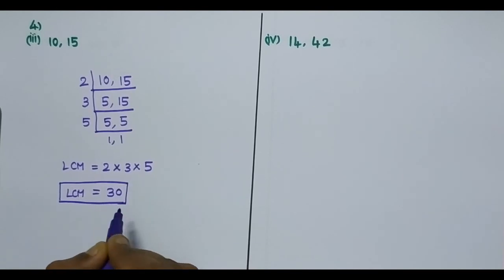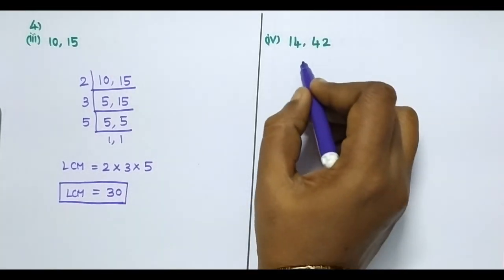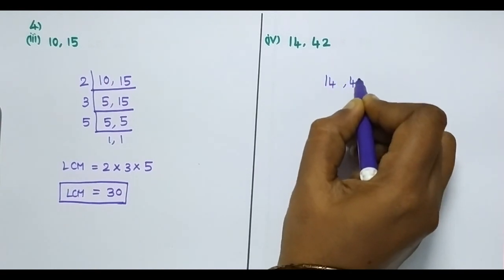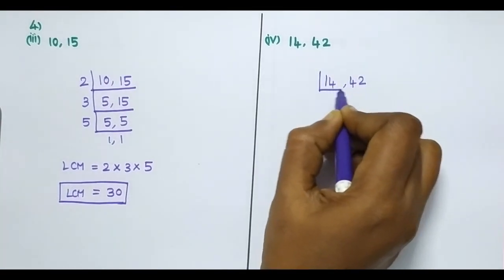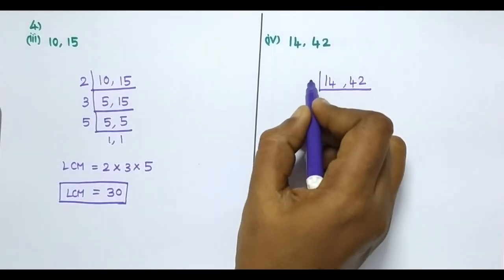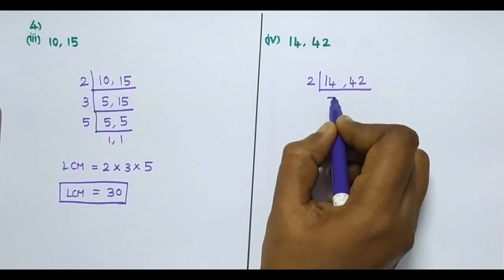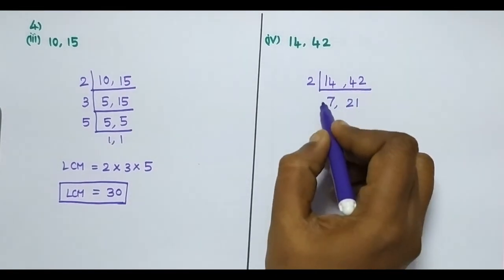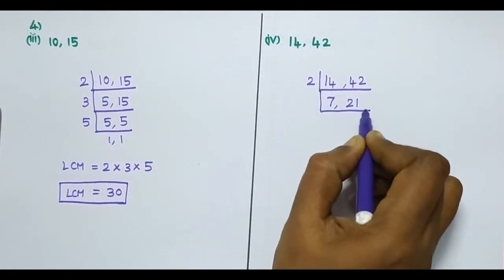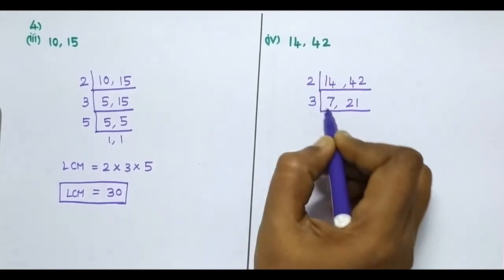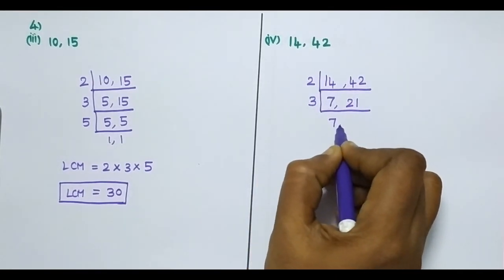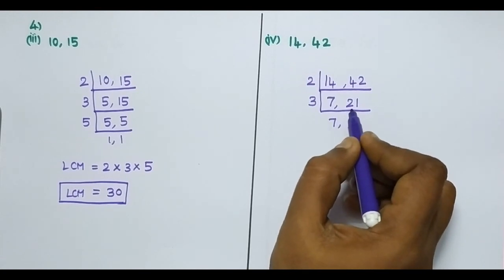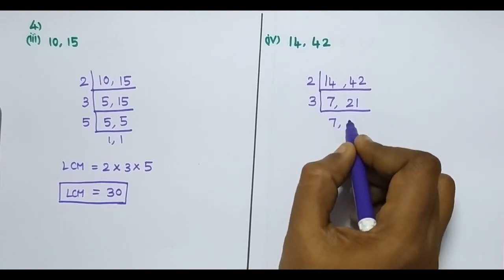That is the answer. Next one, 14, 42. Divided by 2. 7 2s are 14. 21 2s are 42. Divided by 3. 7 is not divisible. 21 divided by 3 means we get 7.